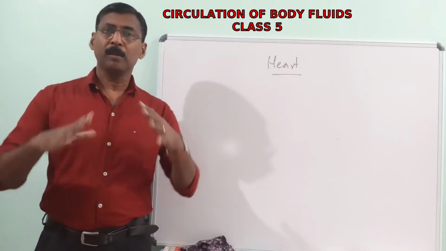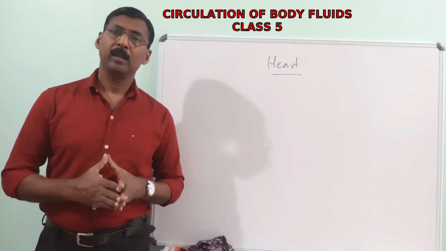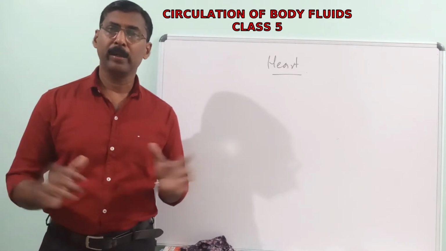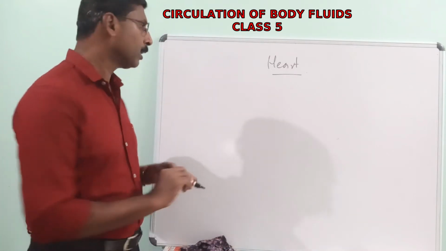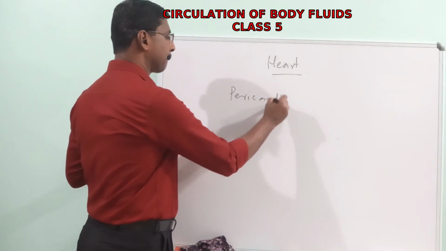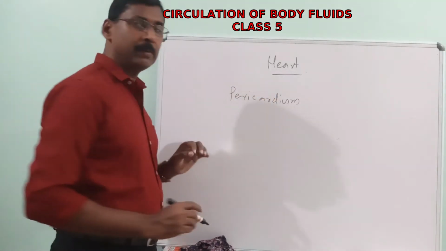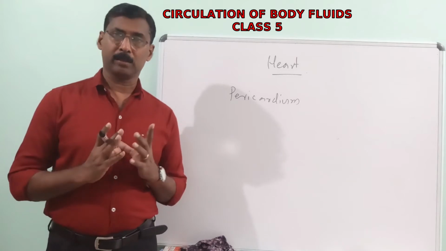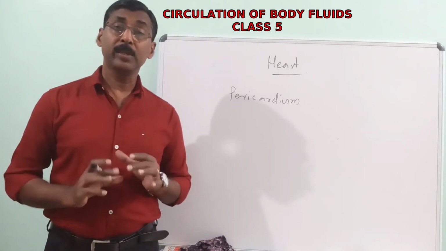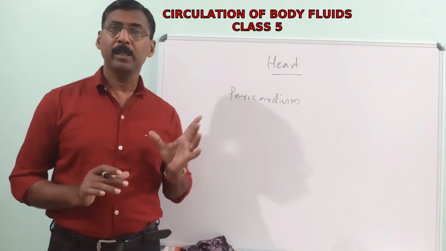And the heart is protected by an epithelium that is called pericardium. So the epithelial covering of the heart is called pericardium. Between the pericardium and the heart, there is a space called the pericardial space, and that is filled with a fluid called the pericardial fluid.